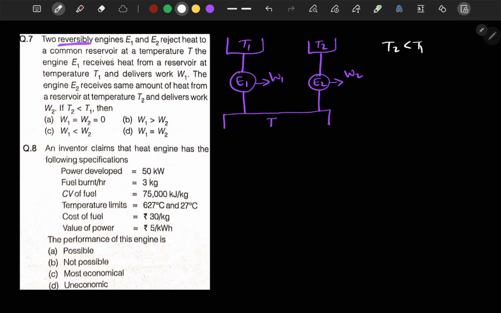So since T2 is less than T1, we can use the efficiency formula. The efficiency of a reversible engine is 1 minus TL by TH.